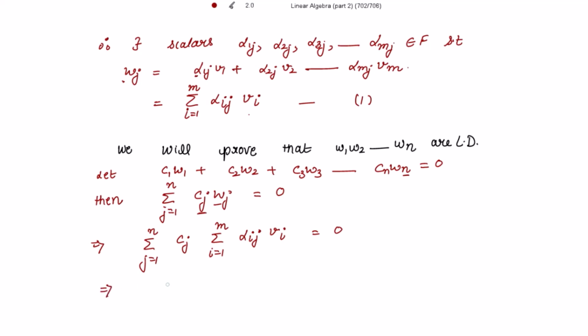So this implies, taking the summation over i first, the summation i from 1 to m, and j going from 1 to n, of Cj alpha ij, times vi, is equal to 0. So these are a set of homogeneous linear equations.